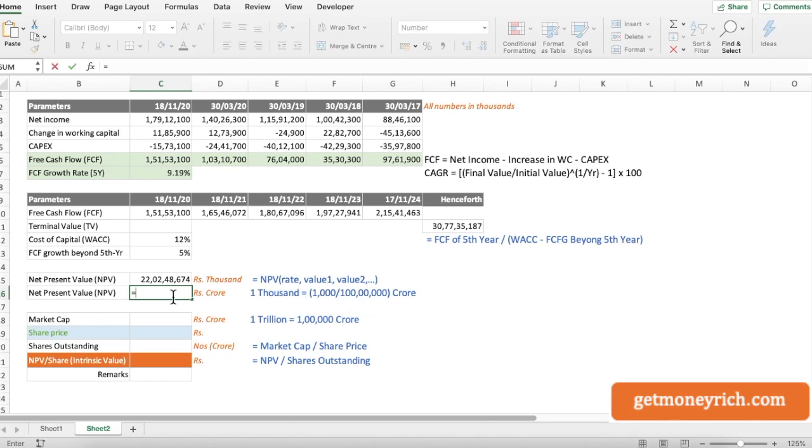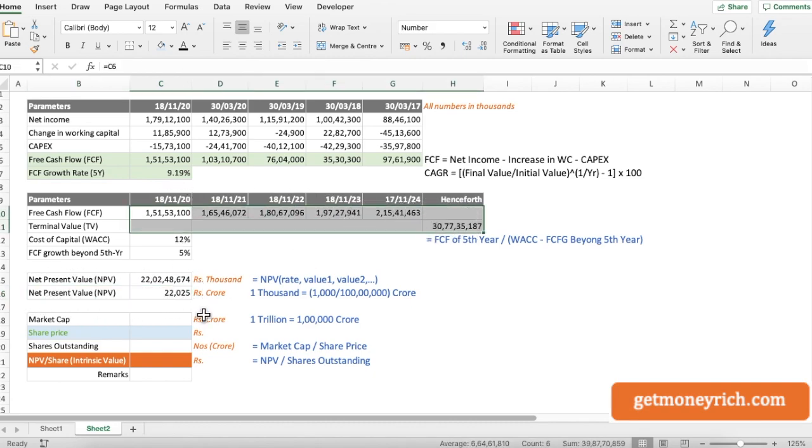So we will use this formula, this number into 1000 divided by 1 crore. So now what we have here is the net present value of all these future cash flows is 22,000 crores.